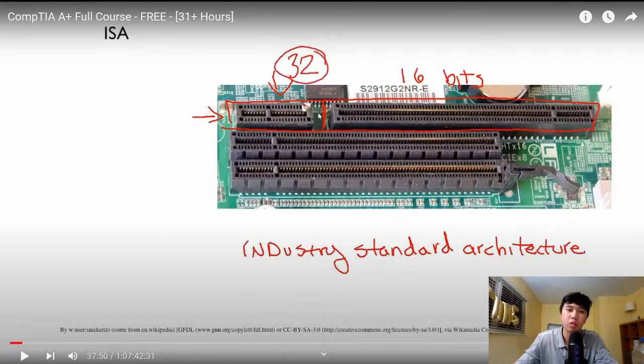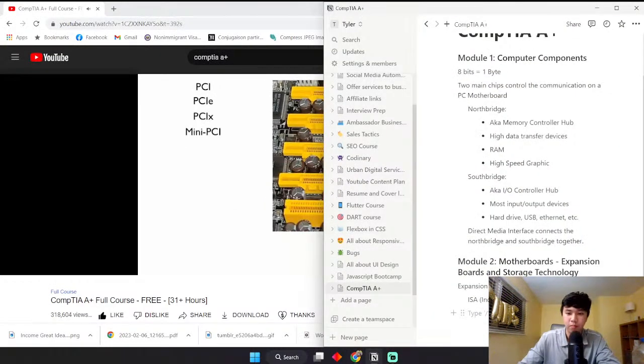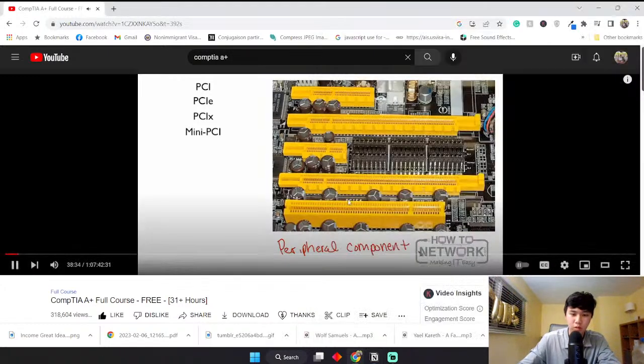PCI stands for Peripheral Component Interconnect. What is the middle one? Component.